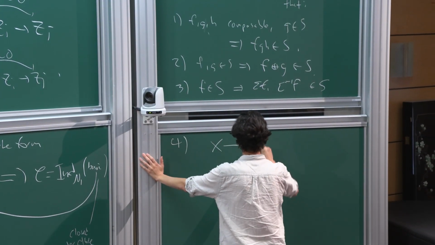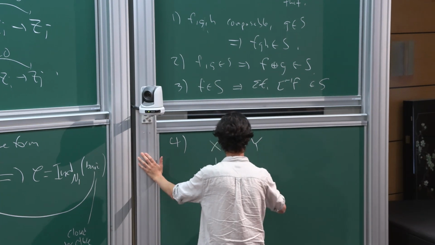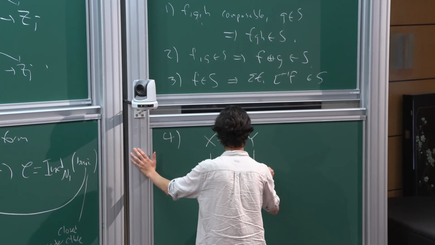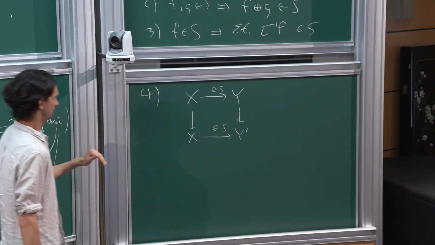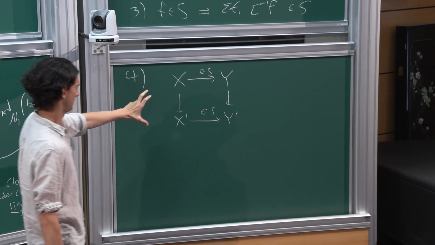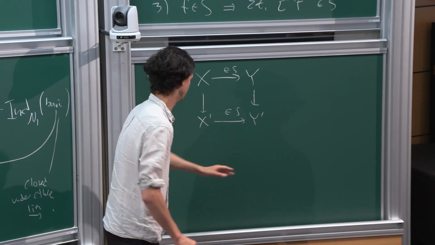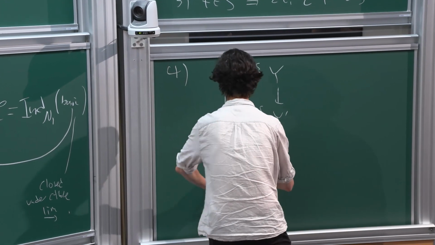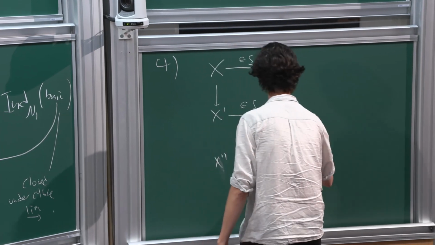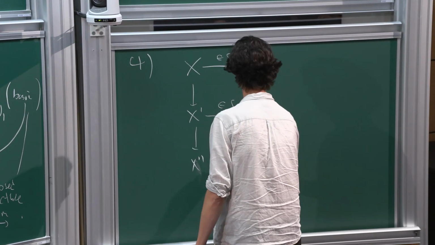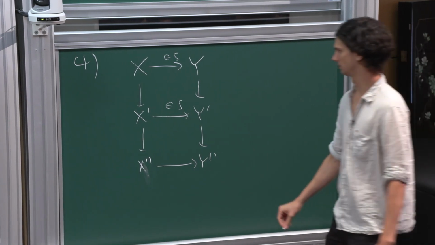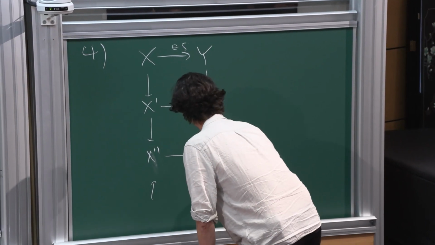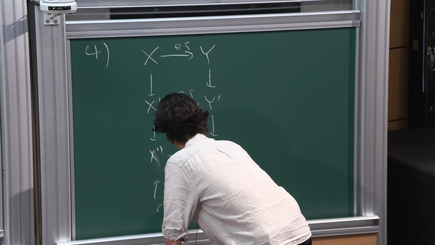We have x going to y, and x going to x prime, and y going to y prime, and these maps are both in S. A strong axiom would say that the cofiber is also in S. So I'll use x double prime for the cofiber and y double prime. A strong version of the axiom would say that this is in S, where these vertical things are cofiber sequences.